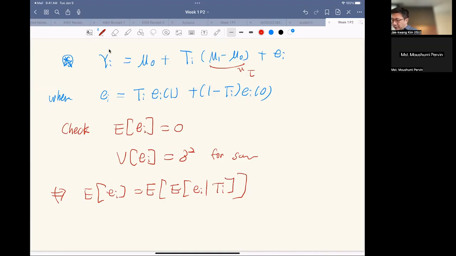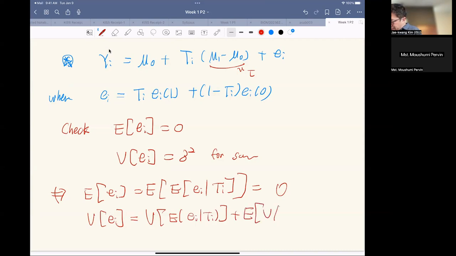Conditional on ti, ei1 and ei0 are conditionally independent of ti, and the conditional expectation is 0.